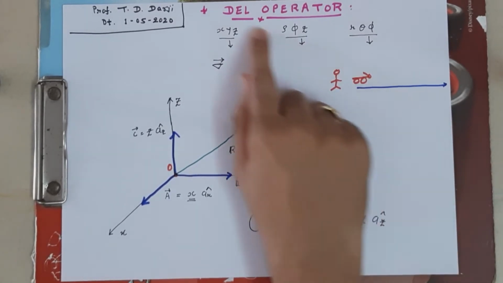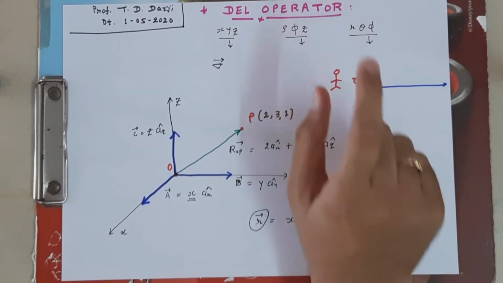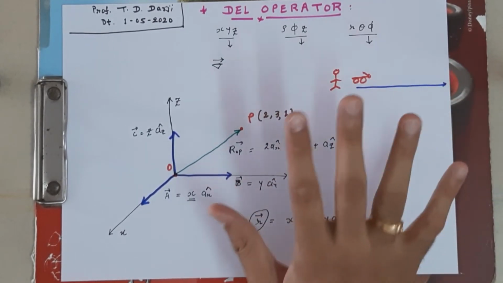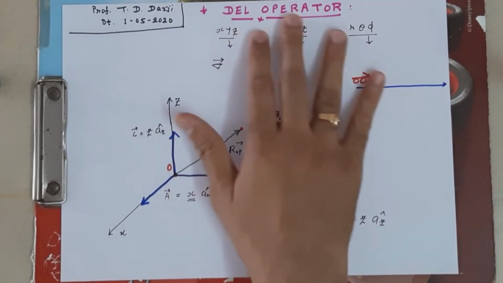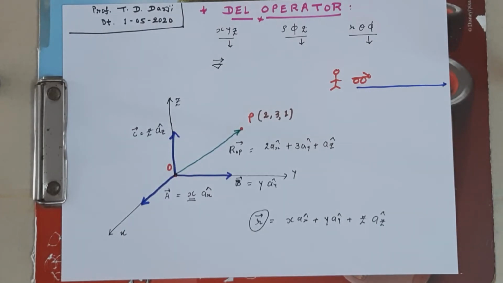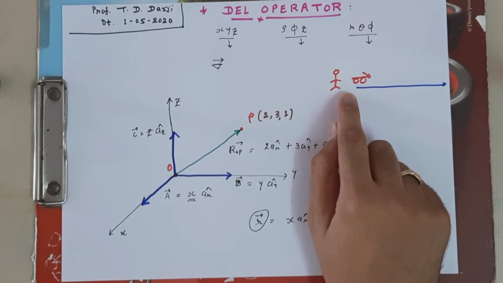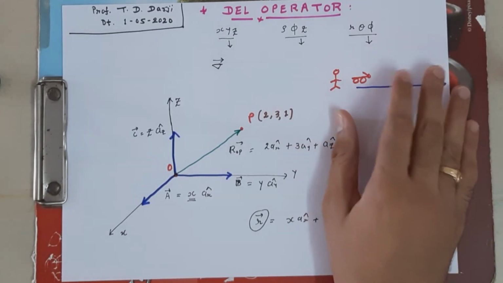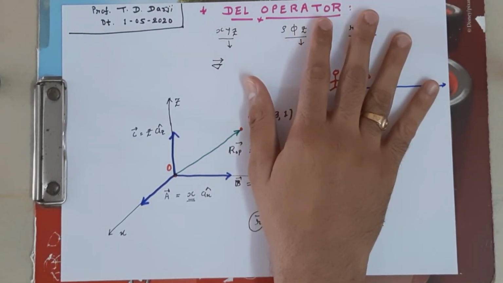We have to find it out using the Del operator. This is one of the applications of the Del operator: finding how much amount the magnitude of any vector is changed. Then next, in which direction the magnitude is changed? You can also find out the change in direction using the Del operator.